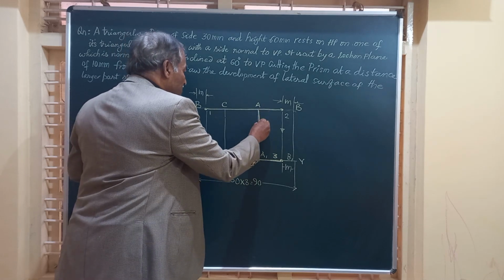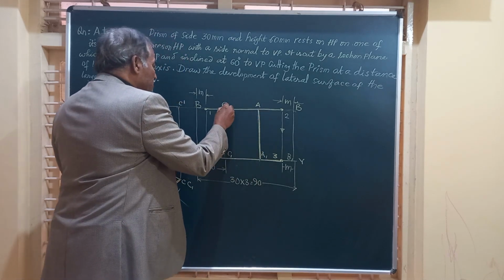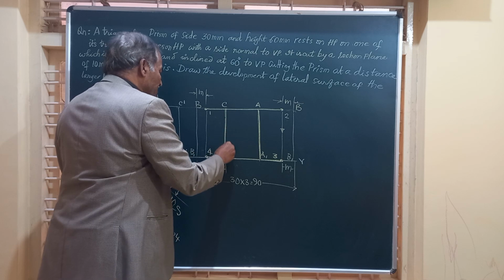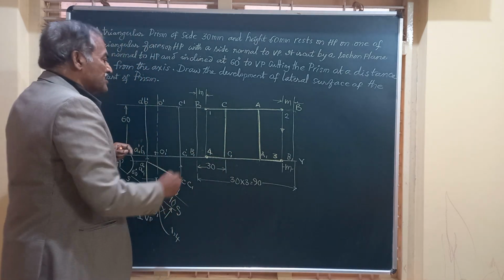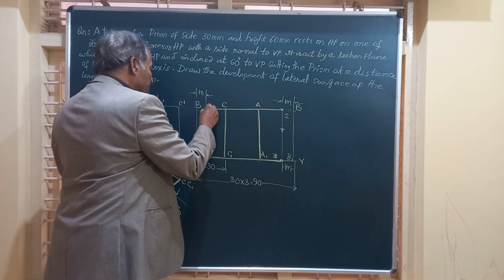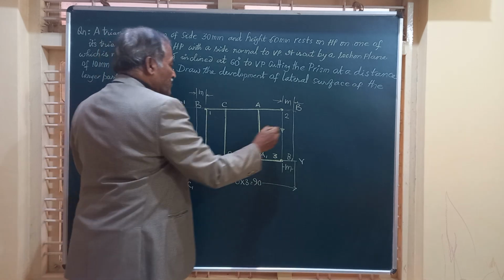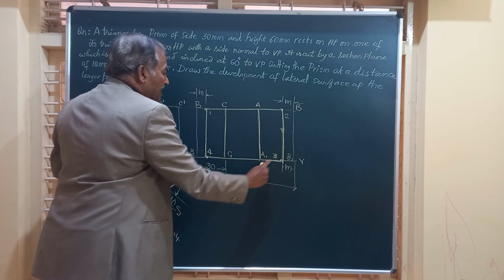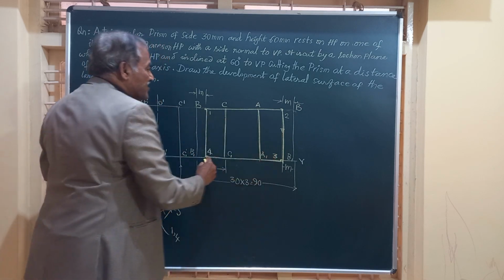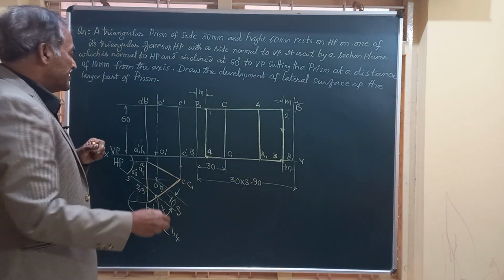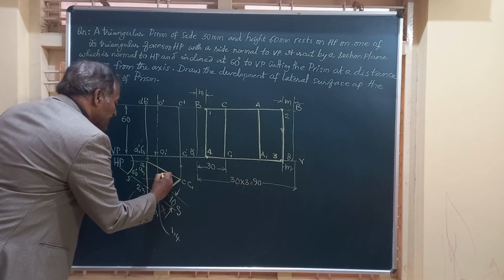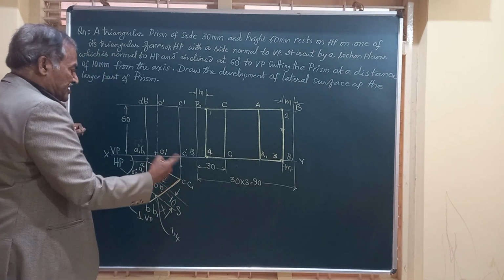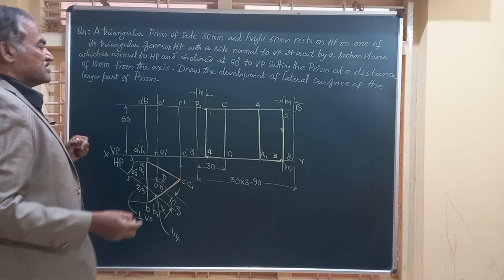So I have to show AA by full line. I have to show CC or C1, C1 by full line. And friends, these 4 points are there to be joined. 1 to 4, 2 to 3. So friends, this rectangle 1, 2, 3, 4 is the development of this lateral surface.